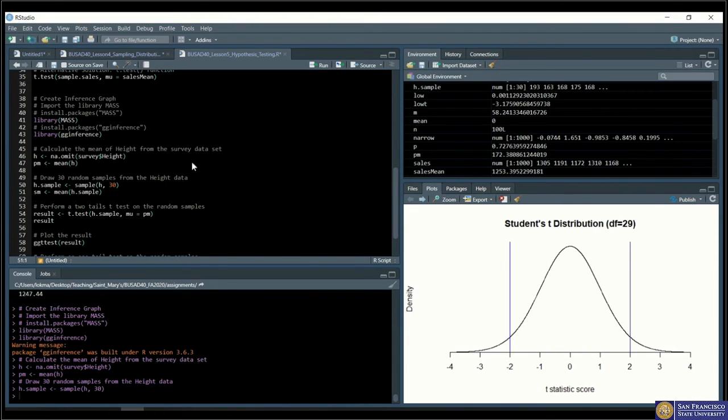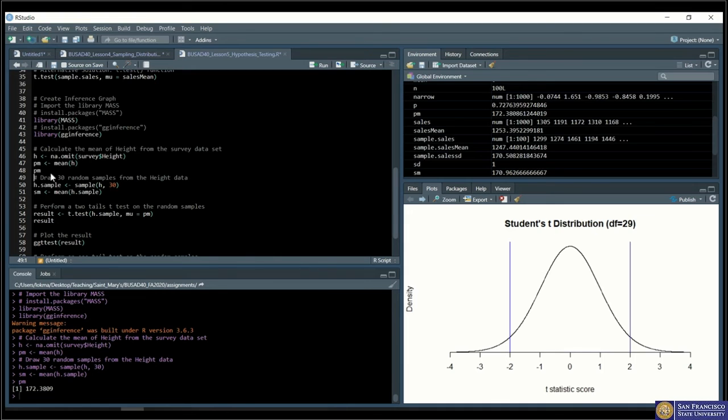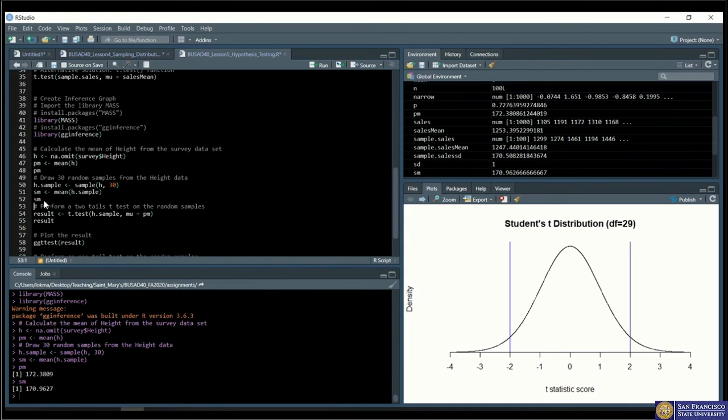I save that, and I'm also calculating the mean value for the sample. I call this SM, the mean of h.sample. So now I have almost everything that I need for our study. Of course, you can print the sample mean and the population mean. PM is 172, and the sample that we drew here is 170.